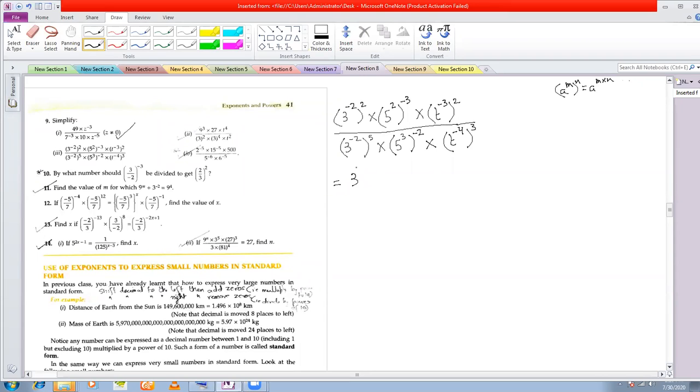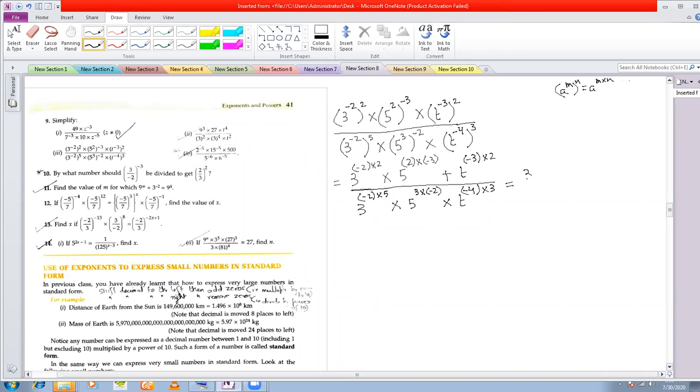So this becomes 3 to the power of -2 into 2 into 5 to the power of 2 into -3 into t to the power of -3 into 2, divided by 3 to the power of -2 into 5 into 5 to the power of 3 into -2 into t to the power of -4 into 3.